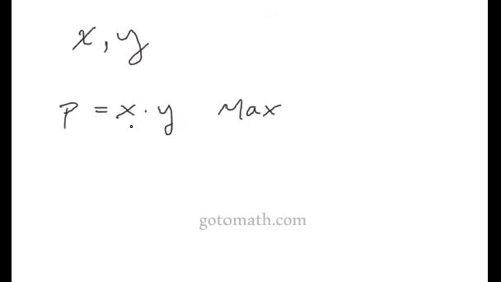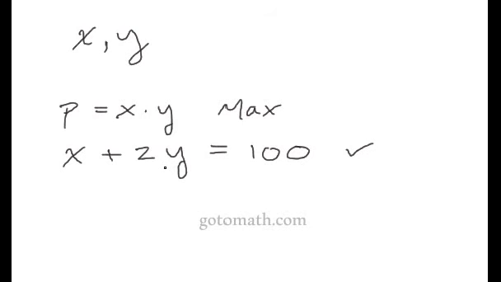We want this to become a maximum. Our secondary equation is the sum of the first and twice the second is going to be 100. So there's our secondary equation.